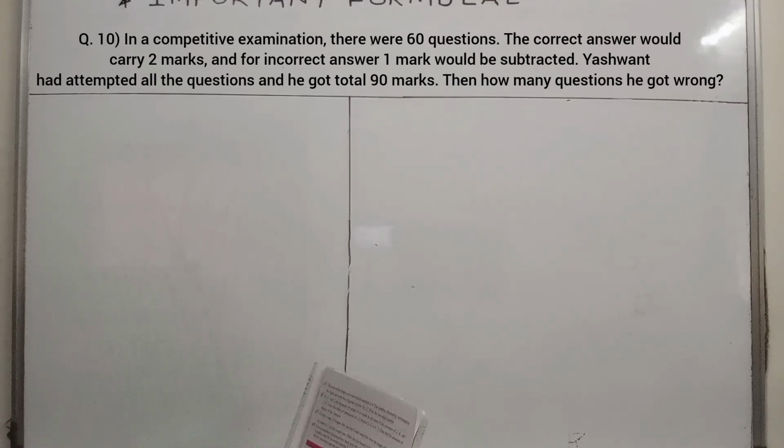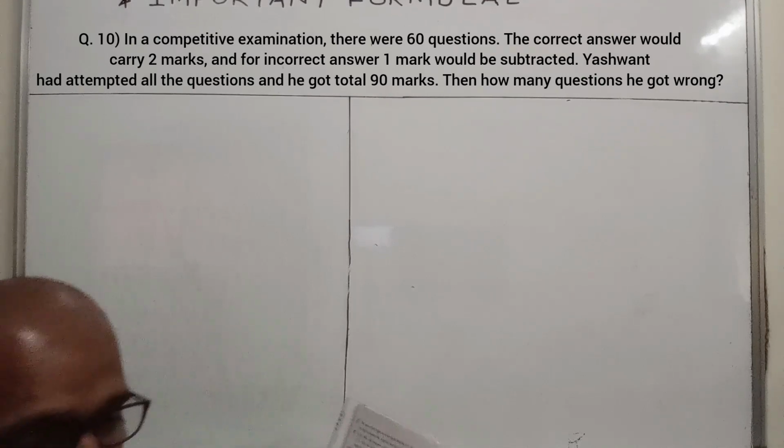Here we have given clearly 1 mark subtracted if answer is incorrect. Yashwant had attempted all the questions, means all 60 questions, and he got total 90 marks. Total marks 90. Then how many questions he got wrong?